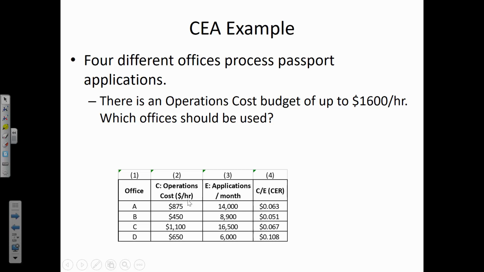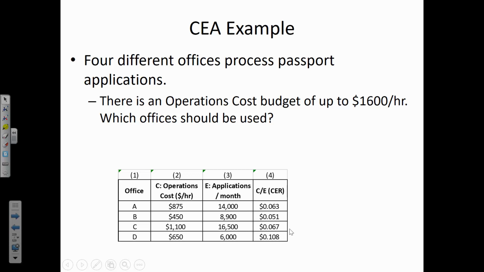The units are going to be dollars per hour divided by applications per month. So if we want to, we can find out how many hours the office is open in a month, and we could actually find out the cost of processing every application. But that's not necessarily what this is, and the units don't have to make sense in order for us to compare on a relative basis.